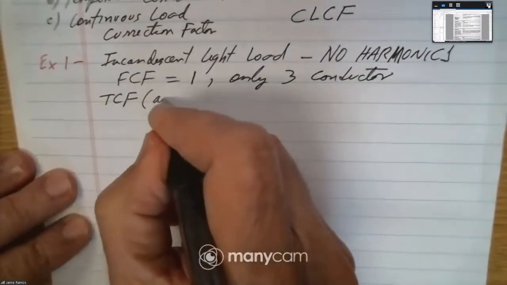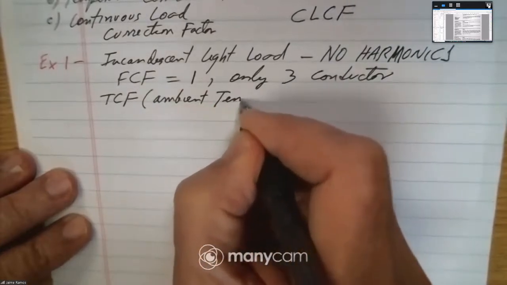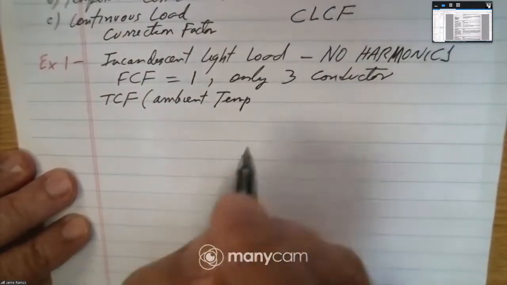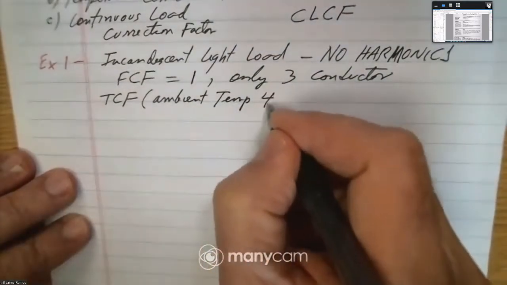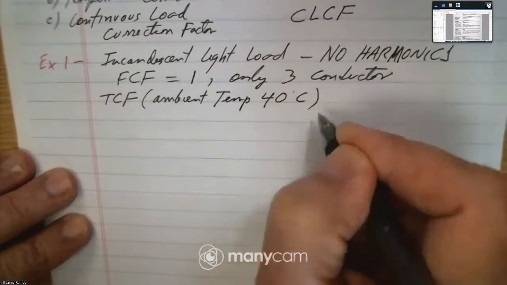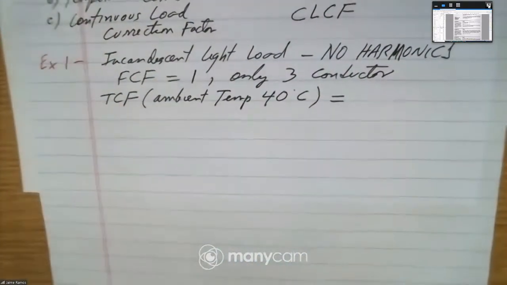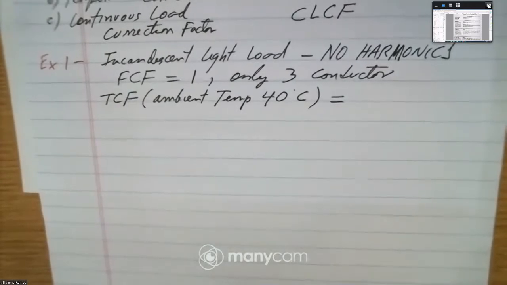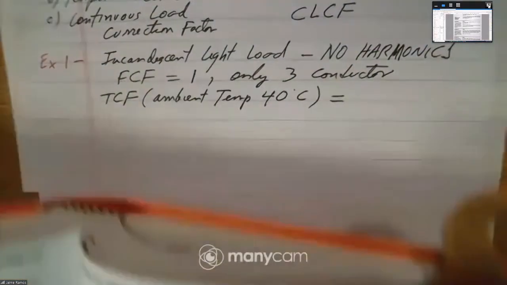For ambient temperature, what is the ambient temperature here? 40 degrees. What is it? So let's bring the table. Here's the table.